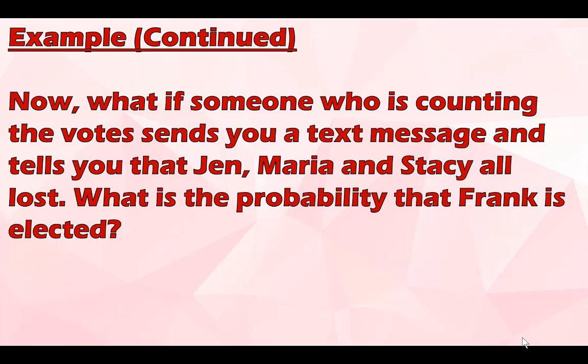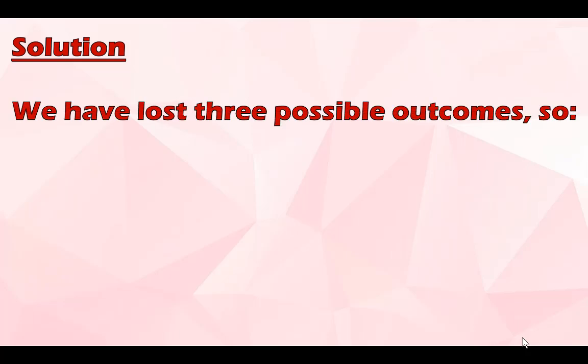So hopefully you can see that having this little bit of information changes the probability. Because now there's no longer 5 possible outcomes. We've lost 3 of them. So instead of being 1 out of 5, now the probability that Frank wins is going to be 1 out of 2.